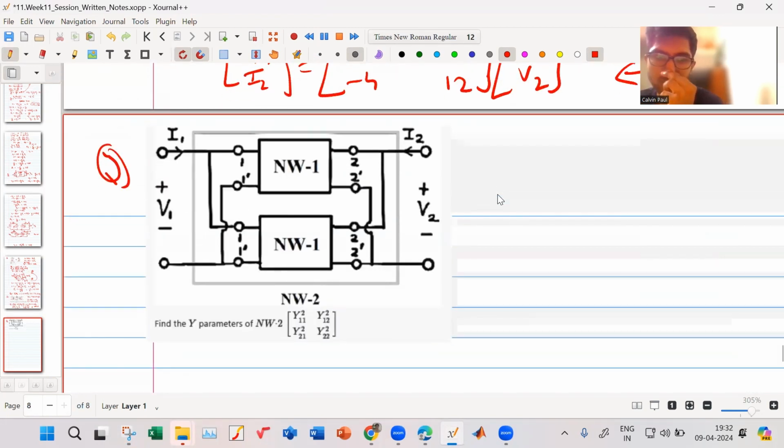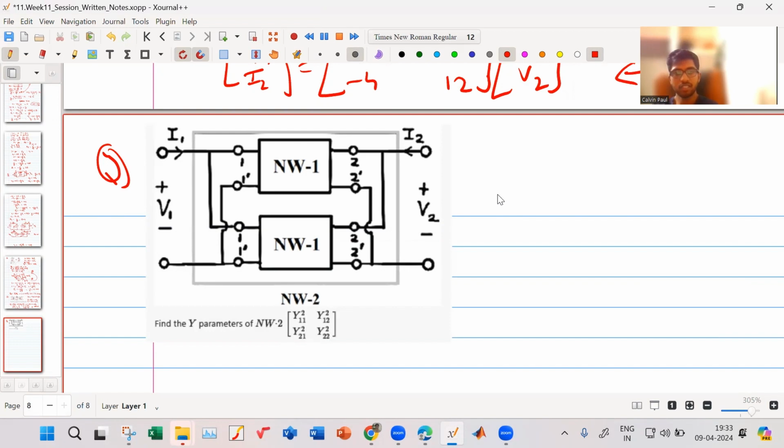So what is it? Does anyone have any ideas how to solve this one? It looks very huge, very big. Can we consider all as a single network?